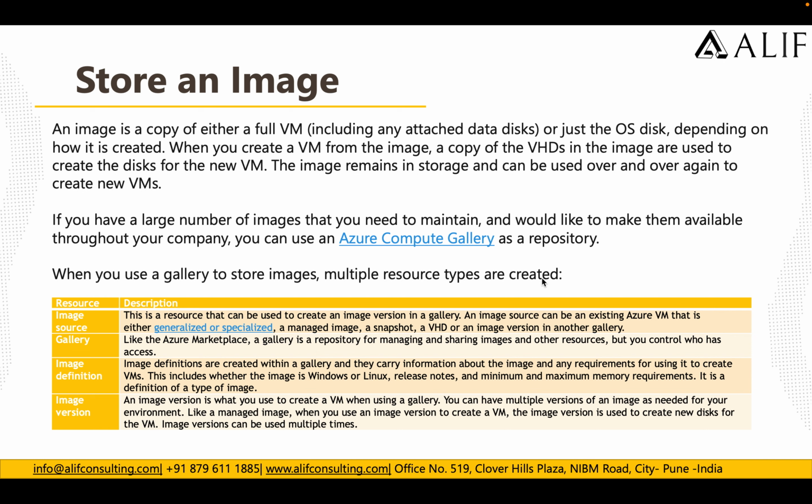Then you can create your gallery just like the marketplace. A gallery is a repository for managing and sharing images and other resources, and you can control who can access this image definition, where you can create the versioning. You can have multiple versions or multiple version control for your images. So we have these four resource types in the image gallery, which are image source, gallery, image definition, and image versions.